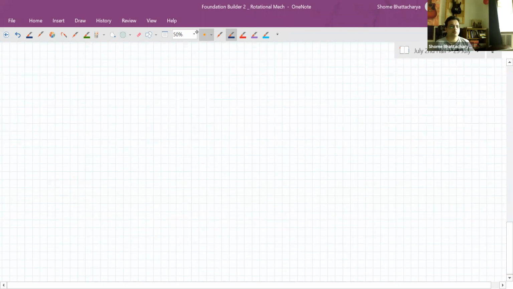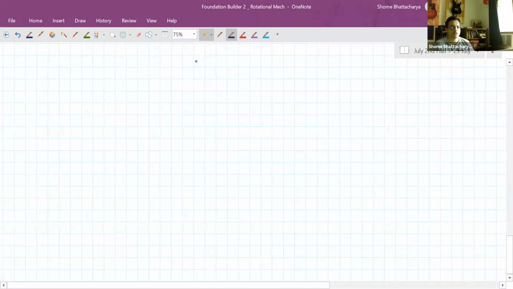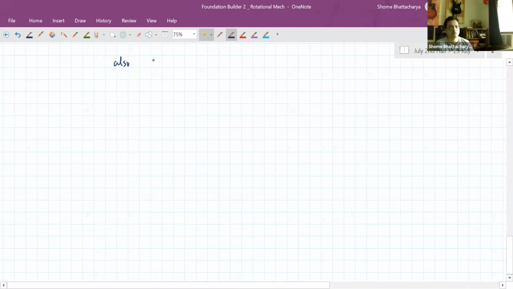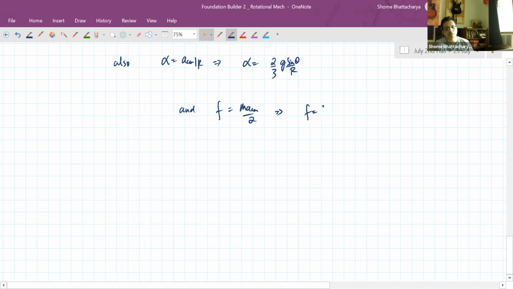Okay. But before that, we'll also see here that alpha was a_cm by R. So in this case, alpha will become 2 by 3 g sin theta divided by R. And the amount of friction that we saw was m a_cm by 2. So that means the amount of friction that is going to act is going to be mg sin theta divided by 3.